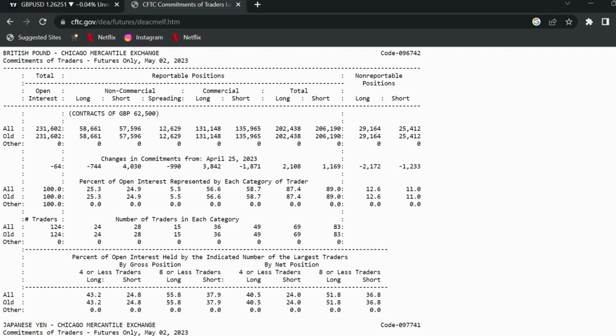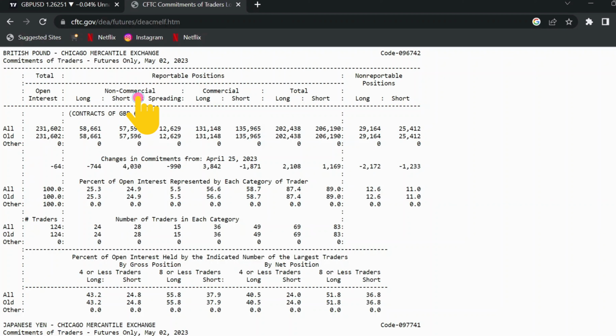Now the second thing you should be looking at is the non-commercial traders. This is what we should be focusing on. Because these are hedge funds who hold positions for themselves and for their clients.